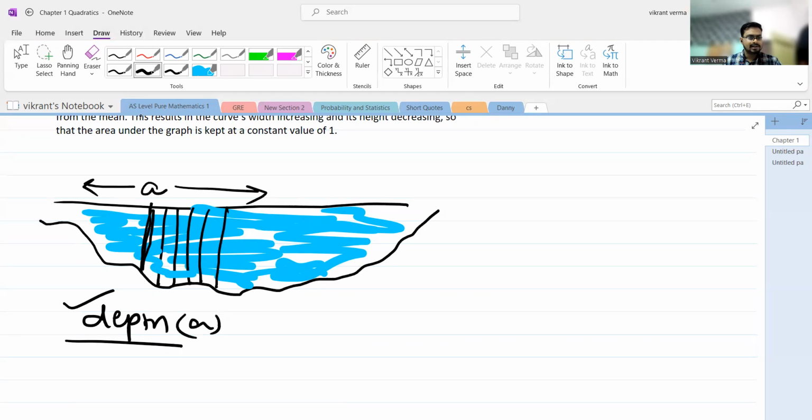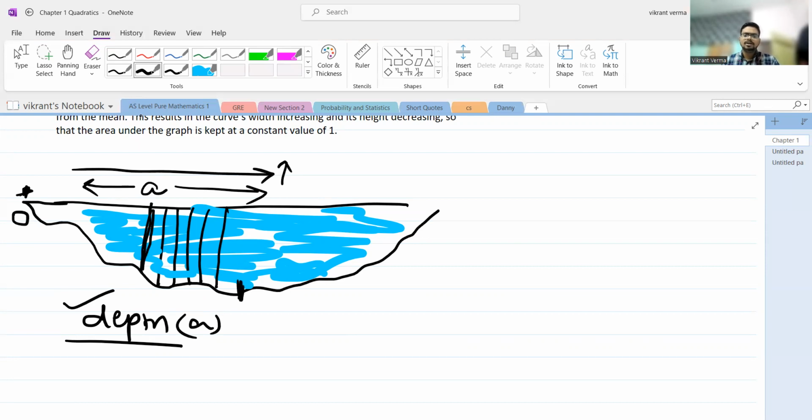At different points we will have different depths. For example, if the lake is like this, at this particular point here the depth will be 0, and it will increase in this direction. After a certain point, from this point, it will again start decreasing.